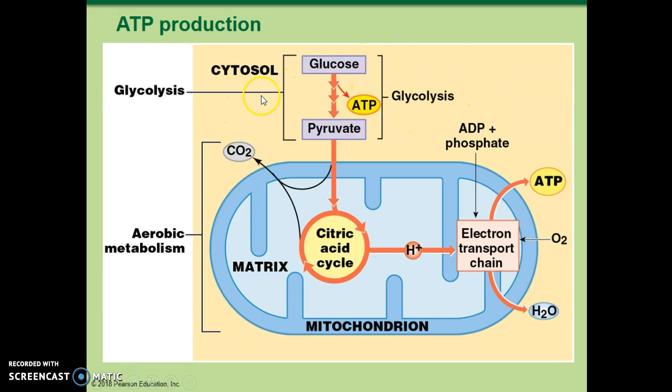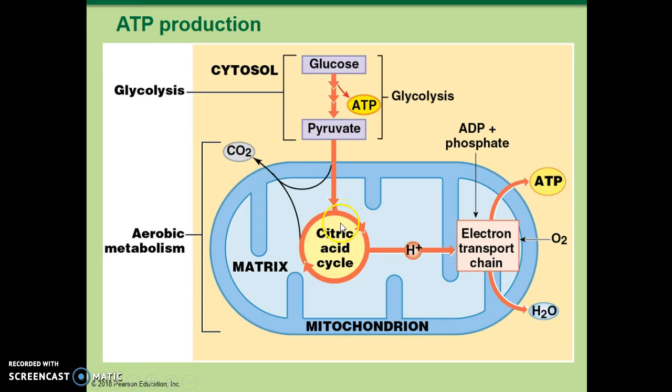So the pink area here is the cytosol, and glucose is broken down by glycolysis to form 2 ATP and 2 pyruvate. This is anaerobic.